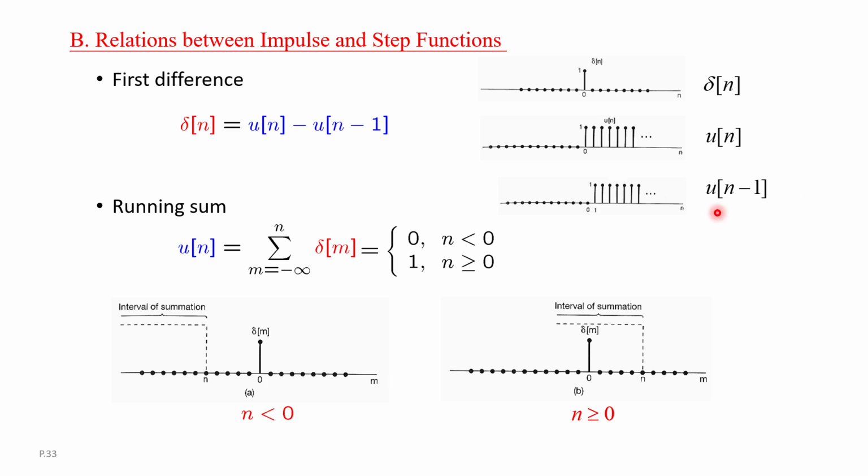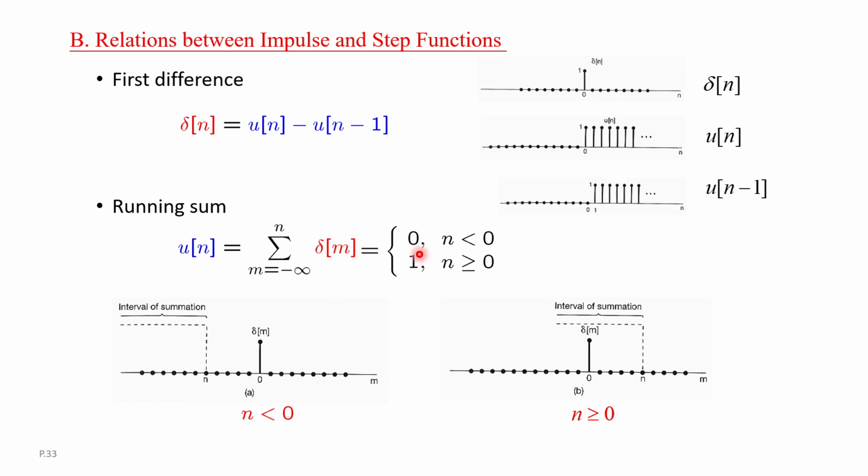Because at 0, that's 1 minus 0, which gives 1. For n less than 0, everything is 0 minus 0, so that's 0. And for every n bigger than 1, that's 1 minus 1, which is 0. So delta is like a differential of u, and obviously you can turn this around and have your step function as the integration of delta.